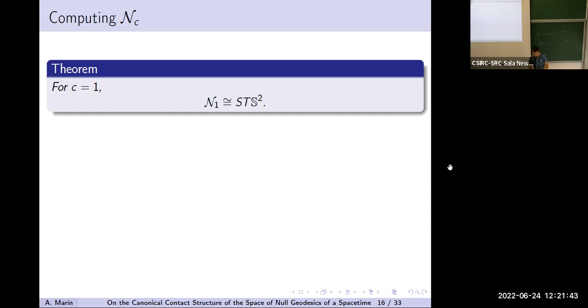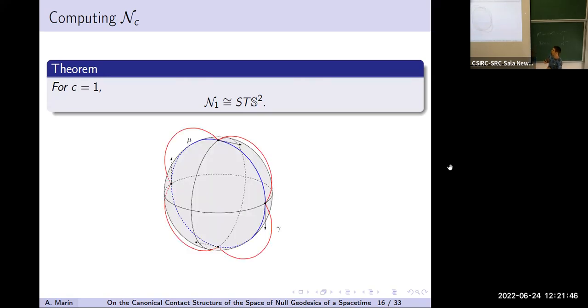So what's going to happen for bigger c? Then I'm no longer going to have a Cauchy hypersurface, but I still want to somehow take into account the unit tangent bundle of the sphere. And the reason is the following. For every unit tangent vector to the sphere, I get a unique great circle in blue.